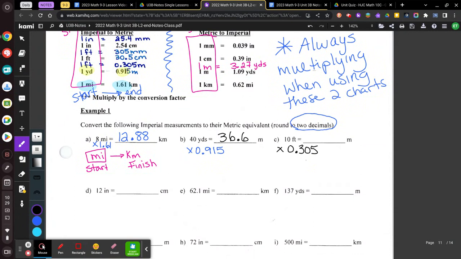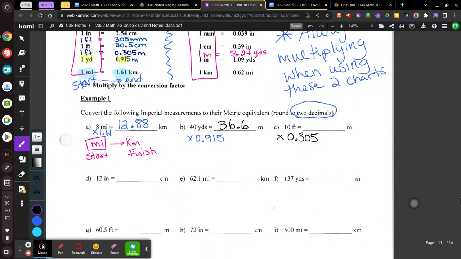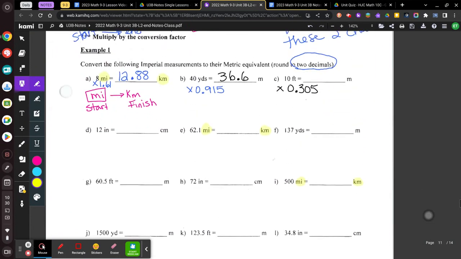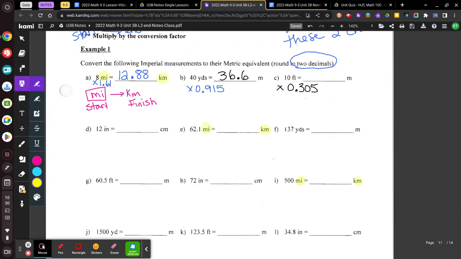So something that I like to do when I see a question is I like to go through and do all the questions that match. So what that means is this. I'm going to find ones that go miles to kilometers. I'm going to look for another one, miles to kilometers, miles to kilometers. Whichever ones are miles to kilometers, they're going to multiply by the exact same number.